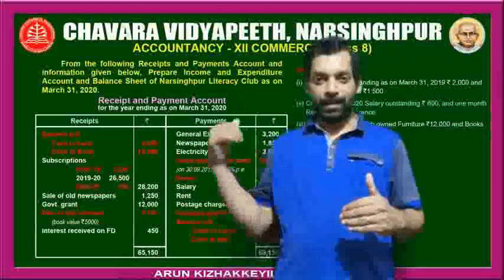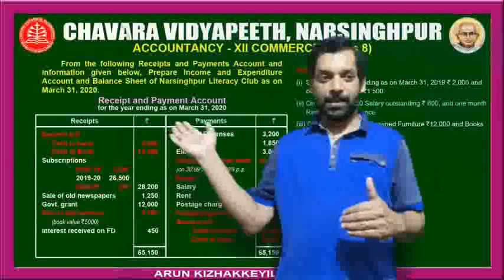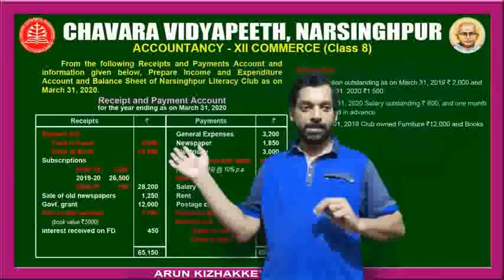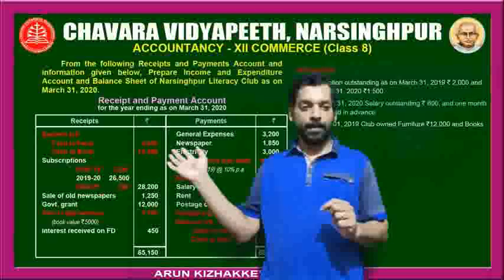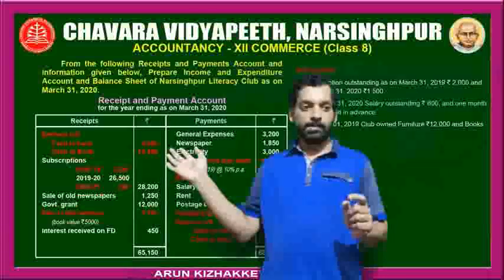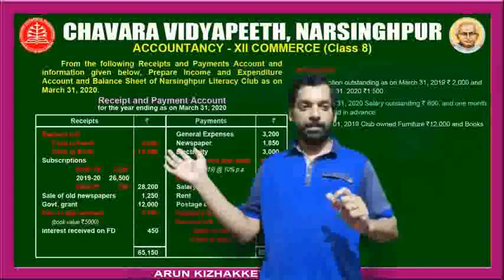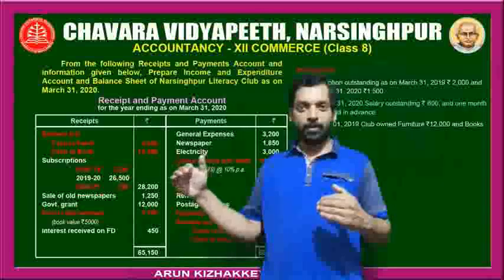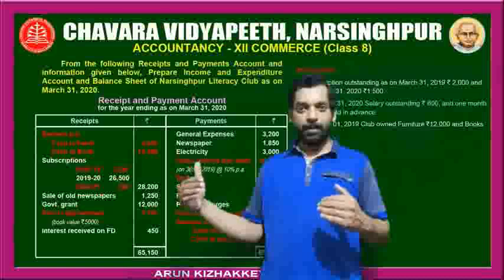On the receipt side, means debit side, you can see balance brought down. There are two balances, cash in hand and cash at the bank. Cash in hand rupees 4,000, cash at the bank rupees 15,550. Subscriptions, there you can see three amounts. Means received the amount this year, but some amount belonging to previous year and some amount belonging to next year.